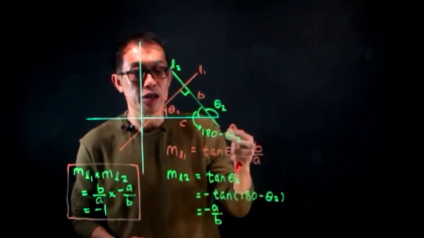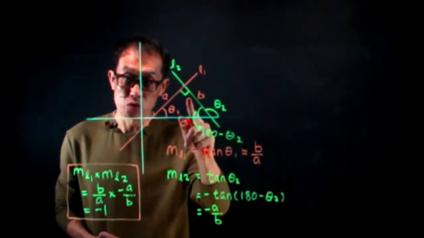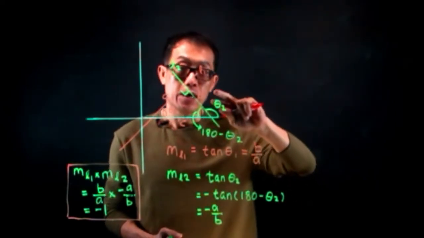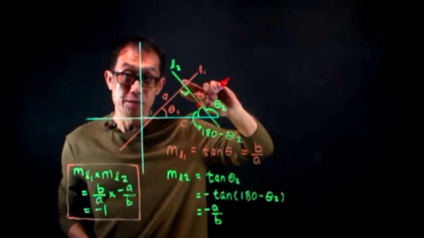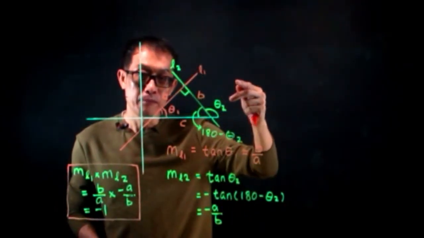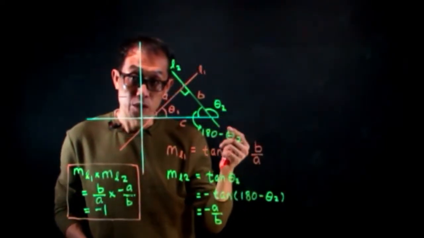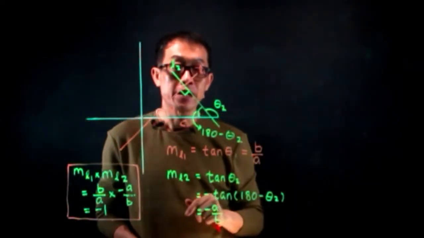If the gradient of the green line is minus 2, which is minus 2 over 1, then the gradient of the red line is the negative reciprocal. So you flip the minus 2, it will become 1 over minus 2. Now, you change the sign. So it becomes half. Okay?